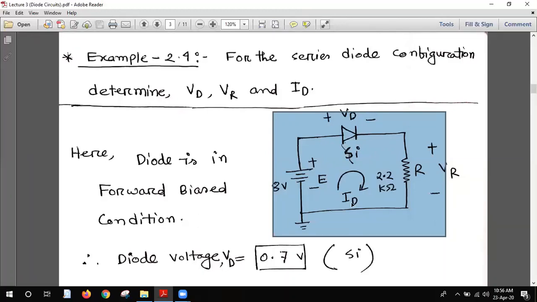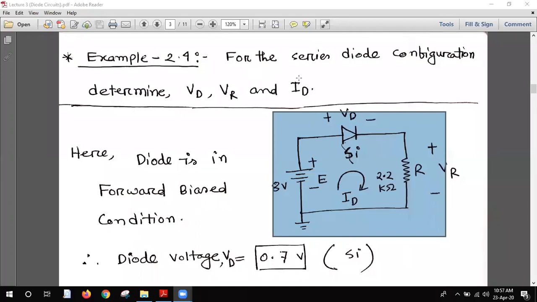At first, see in this configuration, is this diode forward biased or reverse biased? I'm unmuting all, and I want the answer from all the students. Is this diode forward biased or reverse biased?